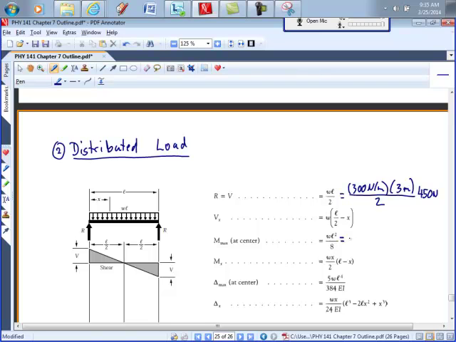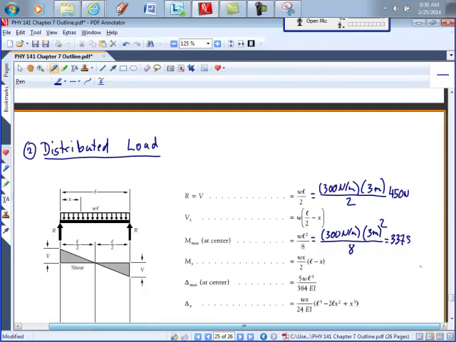So W was 300 newtons per meter. L squared, 3 meters squared, over 8. 337.5. And that's going to be Newton meters, right?